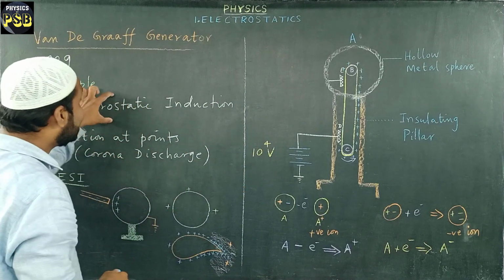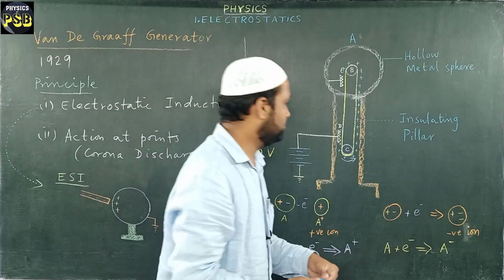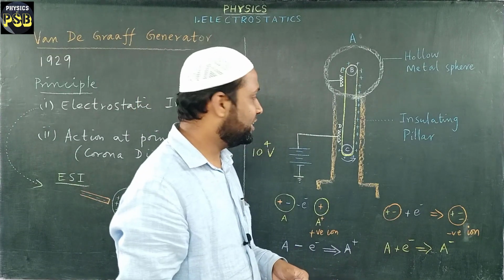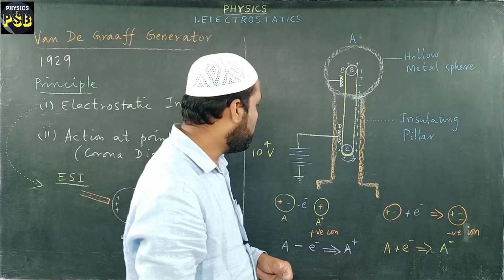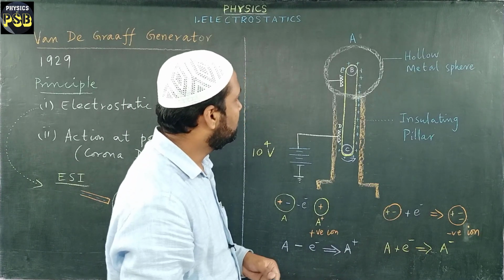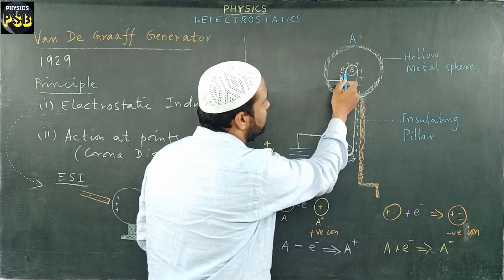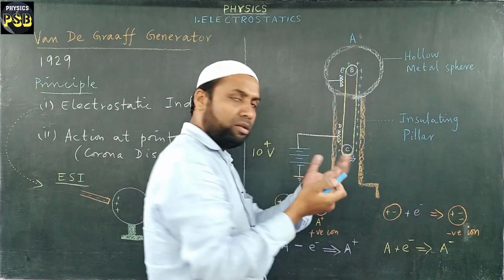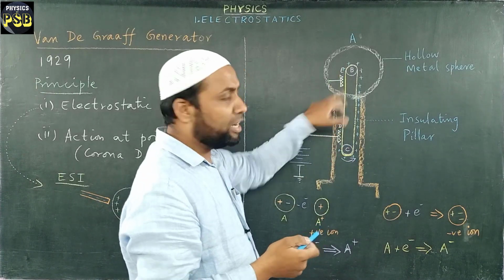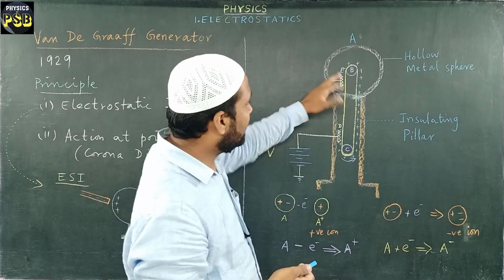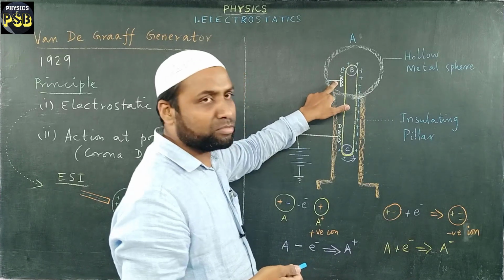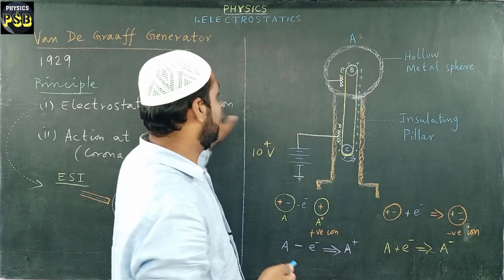Due to electrostatic induction, this part of the Coulomb becomes negatively charged, and the other end becomes positively charged due to electrostatic induction.